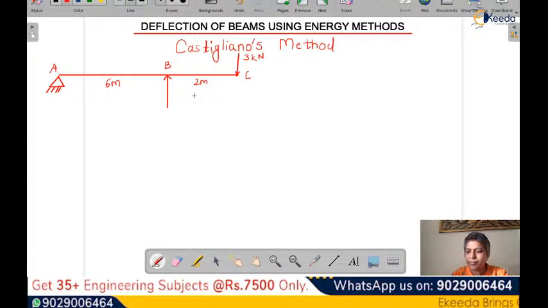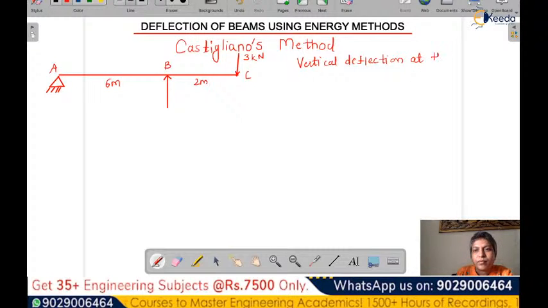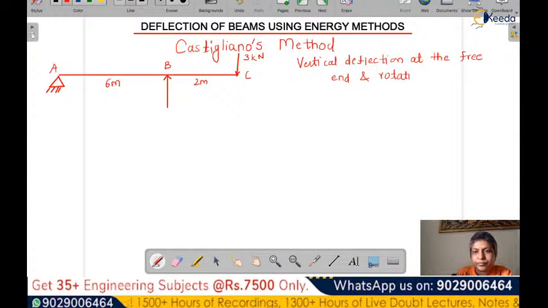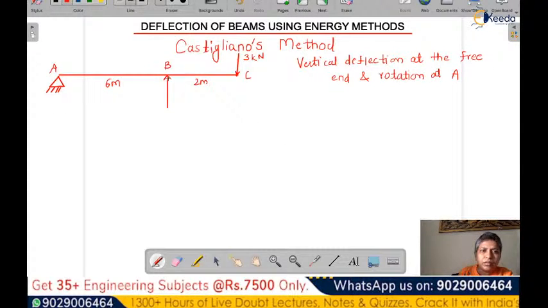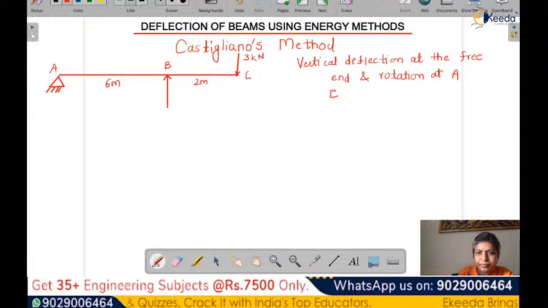Now in this case, what is expected, it is asked to calculate vertical deflection at the free end, and rotation at A. This is an overhanging beam given for us, and EI is constant. So this is the data available with us.